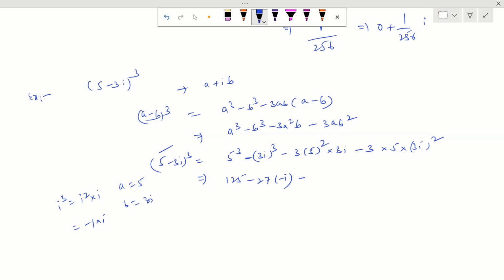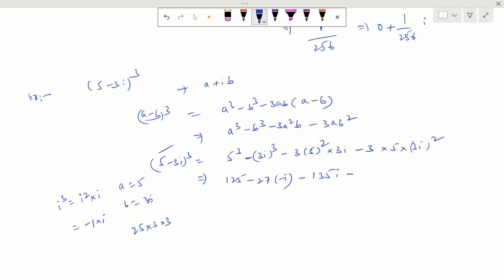So we'll be having 25 into 3 into 3. 25 into 3 into 3 is 135, so it is 135i. And here we'll be having 225.